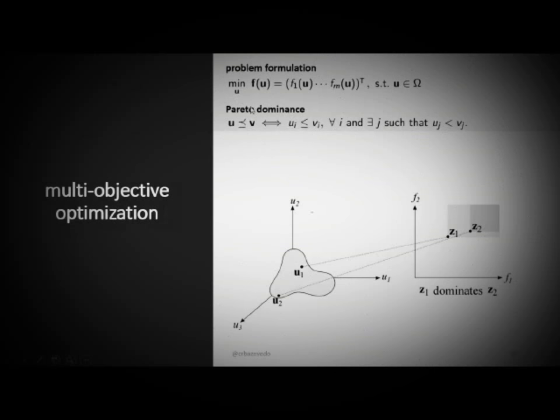And in this context, the Pareto dominance is a useful definition, because the Pareto dominance ranks vectors by contrasting each and every performance value of such vectors, and says one vector U is only better than vector V if and only if it does no worse than vector V, and it's strictly better than vector V in at least one of the criteria. So then you say that U Pareto dominates V.